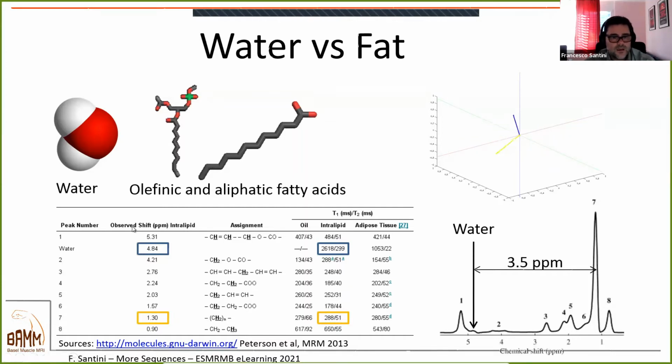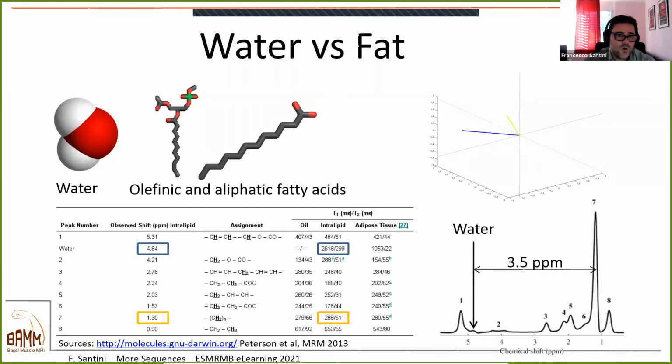If you look at the characteristics of these protons, we see that they are very different from the ones in the water. First of all, we have a chemical shift that is different from water. Remember, we talked about the chemical shift in the first module, that it's always referred to silicon oil.